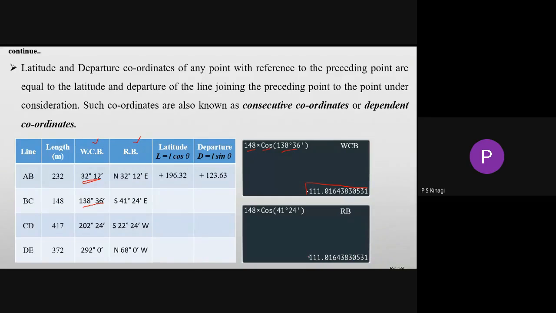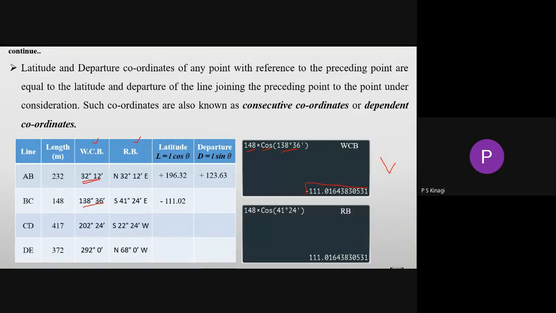So after that, while entering the latitude and departure value, you have to observe the position of the bearing, whether it is the first, second, third, or fourth quadrant. Then you have to make the plus or minus sign of the latitude and departure value. So here we can directly enter minus 111.02.